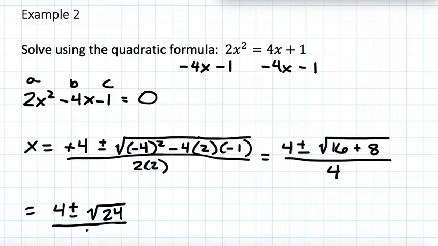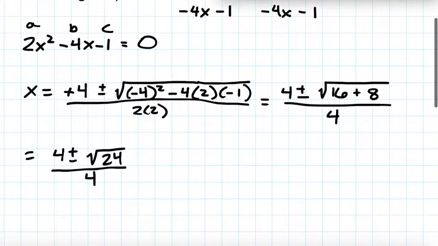So what happens with this one, I don't get a perfect square under the square root. 24 is not a perfect square. However, it is a root that can be simplified. And again, if it can be simplified, you need to do that. If it couldn't be simplified, then I would just be done here. So if it was square root of 23, for example, there's nothing that can be divided by that's a perfect square, so the problem would just be done.